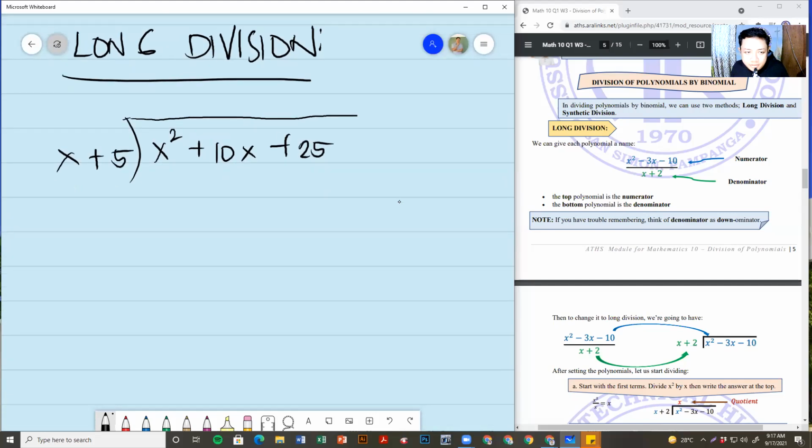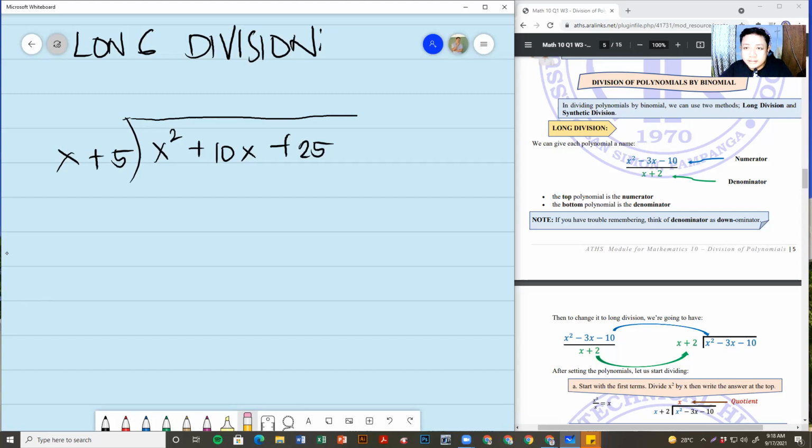Now, for the long division, this is the process. Are you ready? Please listen carefully, because when I was in college, I only learned this process when my classmate taught me the secret of this. I did not learn the process correctly when I was in high school.